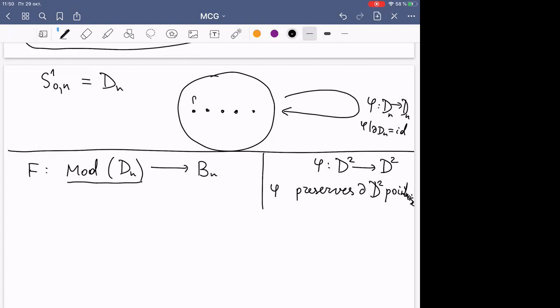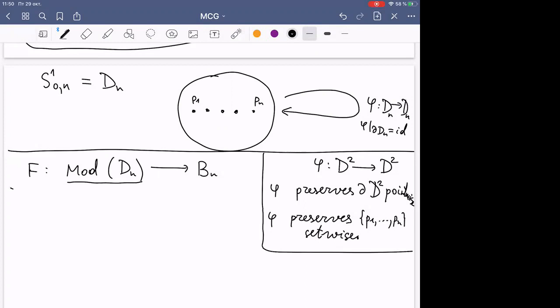Let us denote the punctures by P_1, ..., P_n, and phi preserves the punctures setwise. It may permute the punctures.